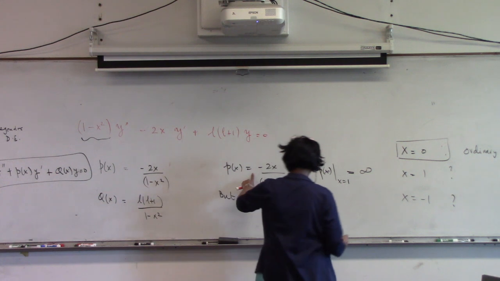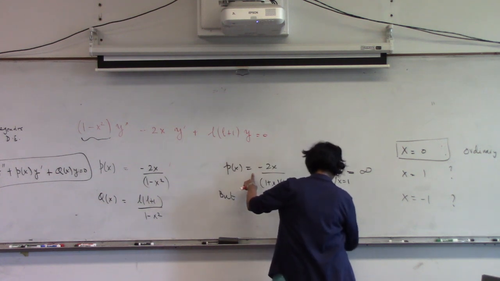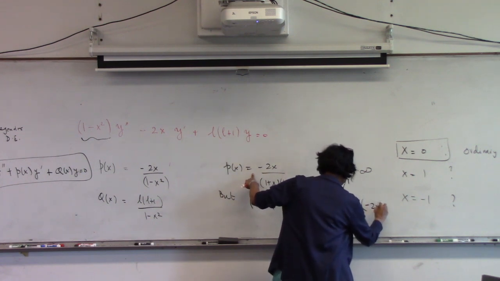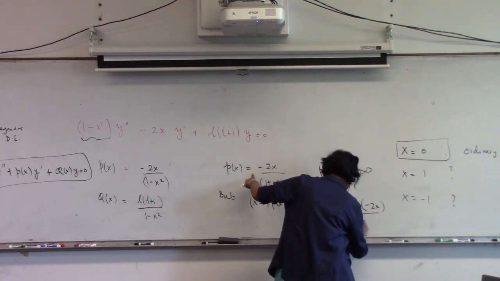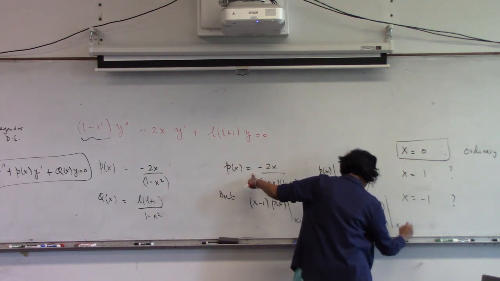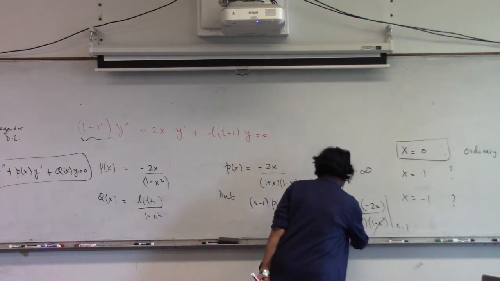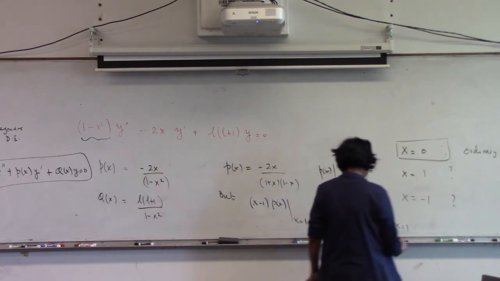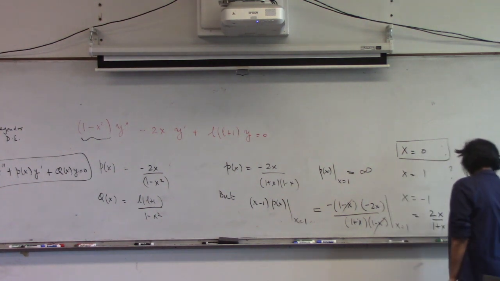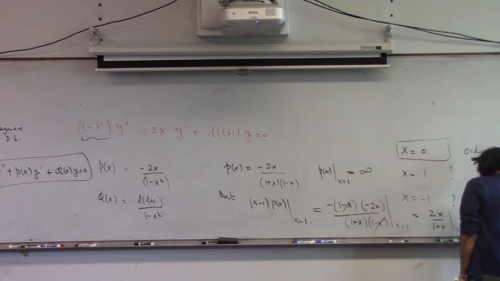I can write it as negative 1 minus x minus 1, negative 2x over 1 plus x, 1 minus x, evaluated at x equal to 1. I can cancel that. So that is nothing but 2x over 1 plus x at x equal to 1, which is 2 over 2, equal to 1, which is not equal to 0 or infinity.